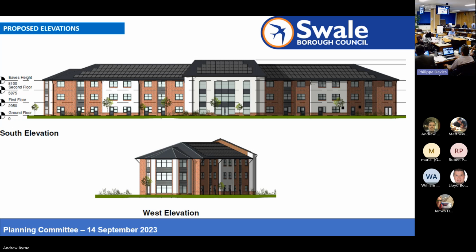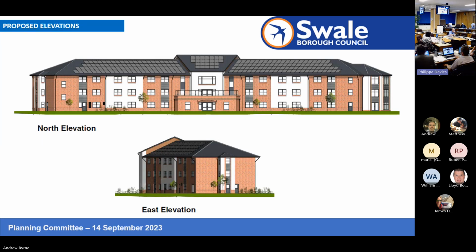That area is then recessed, and it breaks up the overall mass of the building when you look at it as a single entity. Next, please. And this is the rear elevation with a similar arrangement, setting in those elements to break up the overall mass and form of the proposed care home.